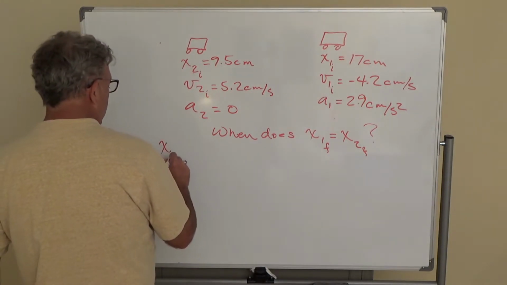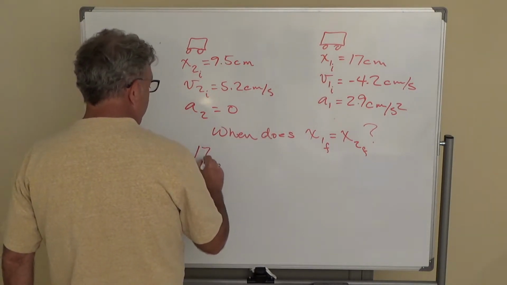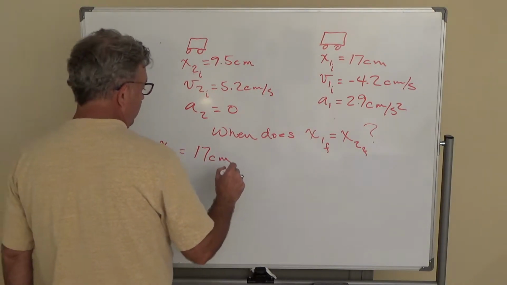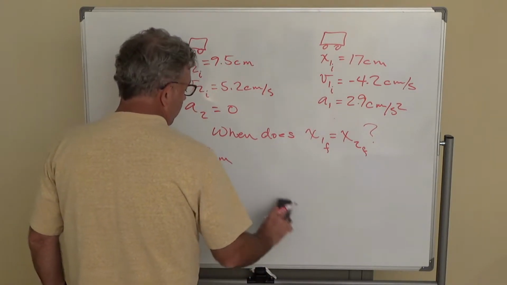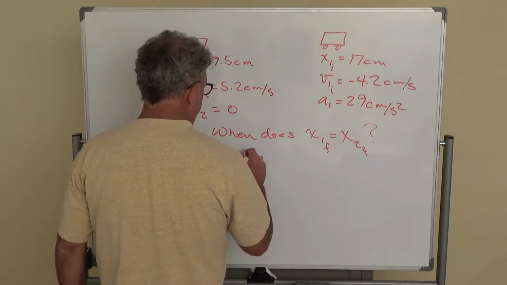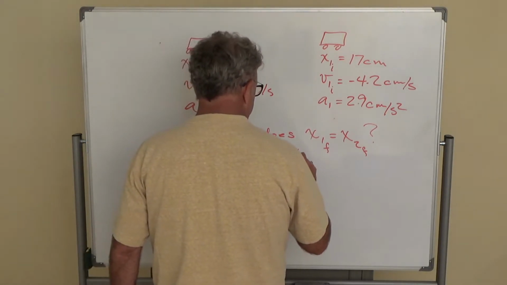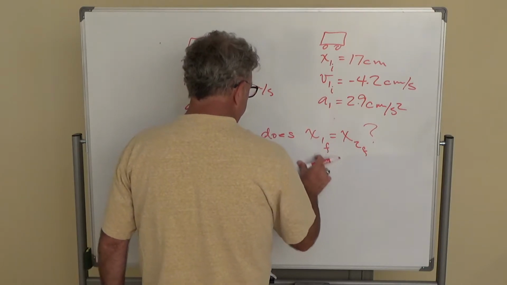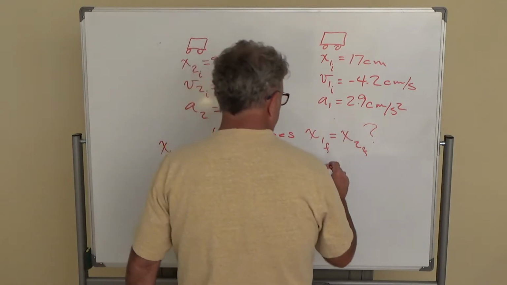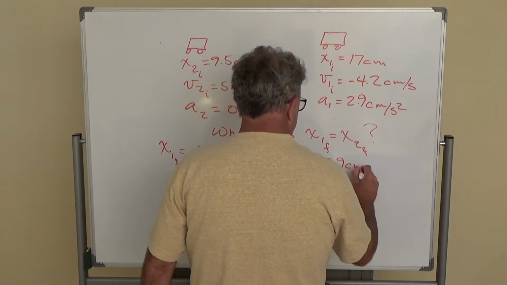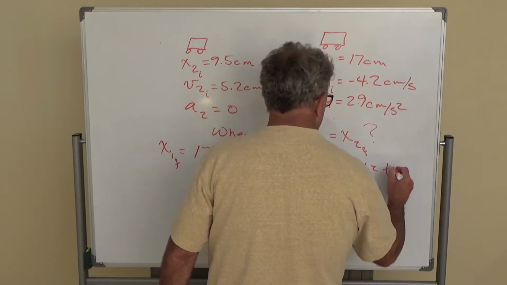So x1 final is equal to x1 initial, 17 centimeters, plus, no, it's going to be negative, minus 4.2 centimeters per second times t, plus 2.9 centimeters per second squared over 2 t squared.